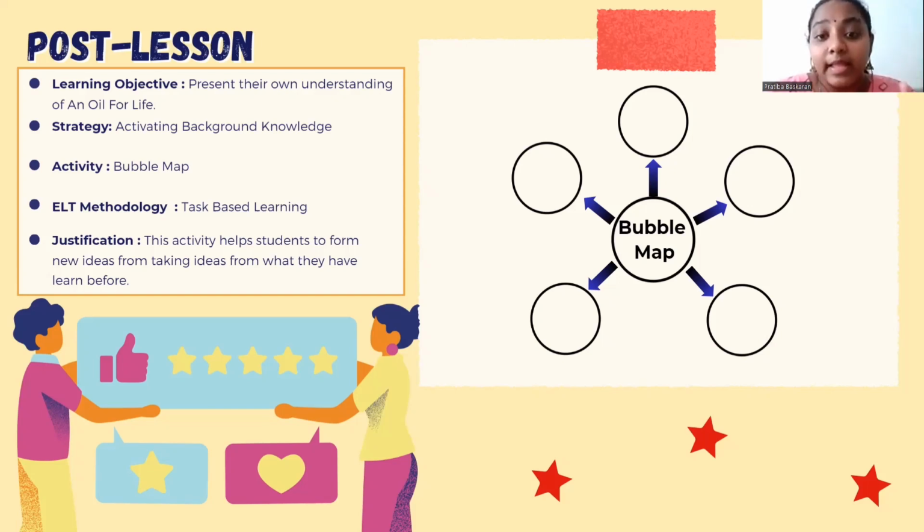From that, they can give points from the passage in the textbook. Then they have to do that in a bubble map. Once done, the teacher will read the answers to the class and make corrections on whether they are correct or not. So that's all for the post lesson.